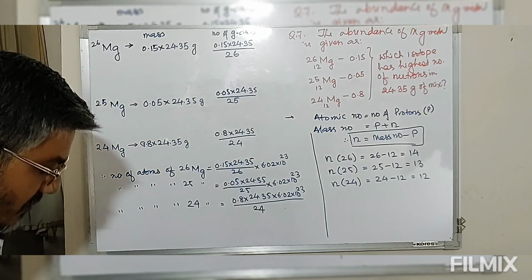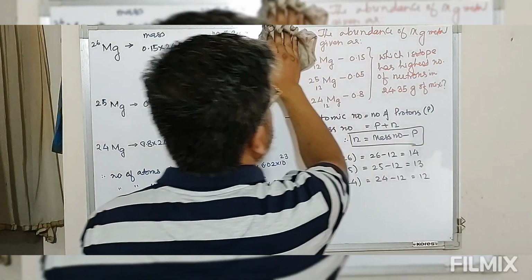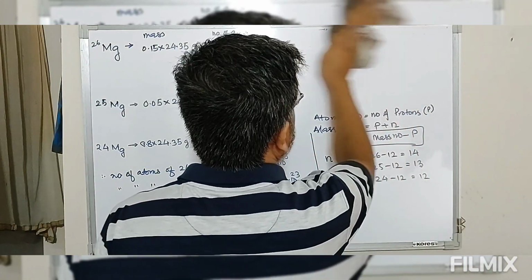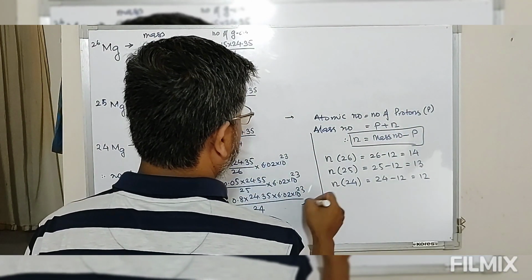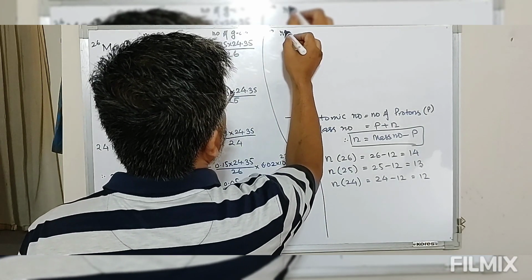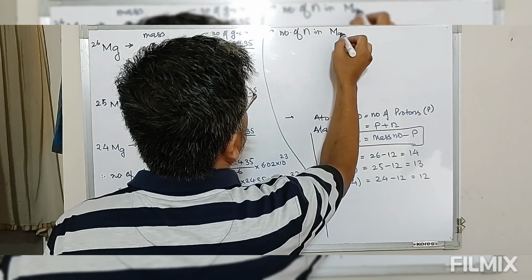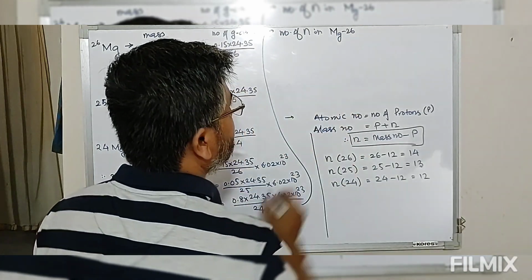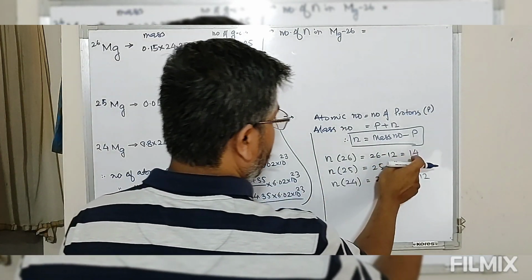So from this, the number of neutrons in magnesium 26 is the number of atoms multiplied by the number of neutrons.